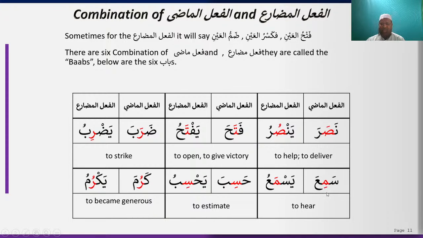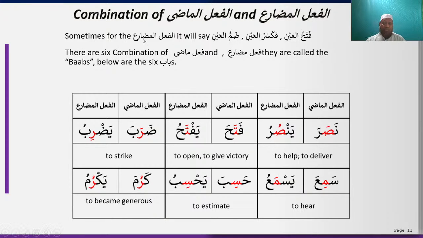Amila, as long as the aynul kalima has a kasra in fil madi, and aynul kalima has a fatha in fil mudari, have that as your bab. So these are the famous ones. Nasara yansuru, fataha yaftahu, daraba yadribu, sami'a yasma'u, hasiba yahsibu, karuma yakrumu.